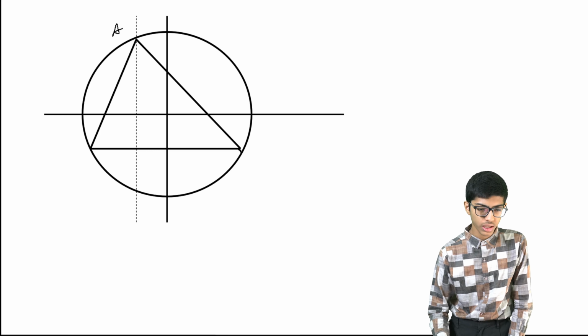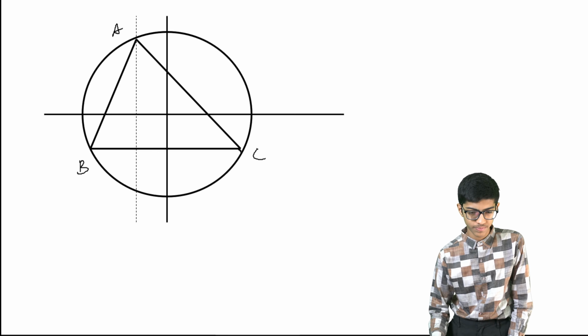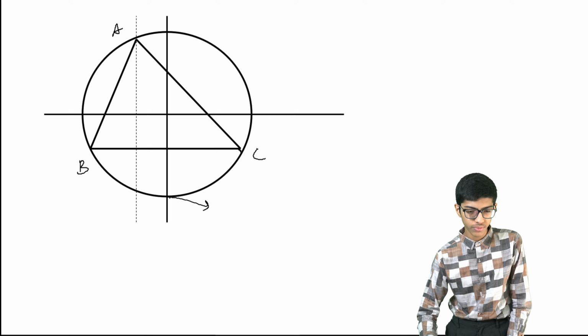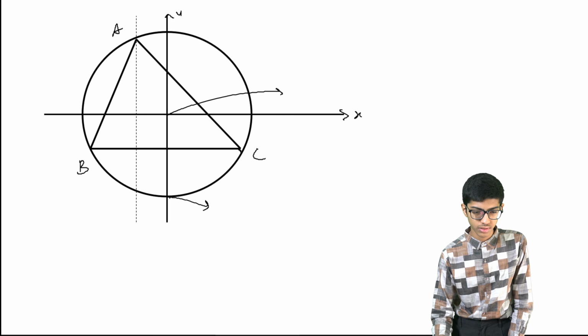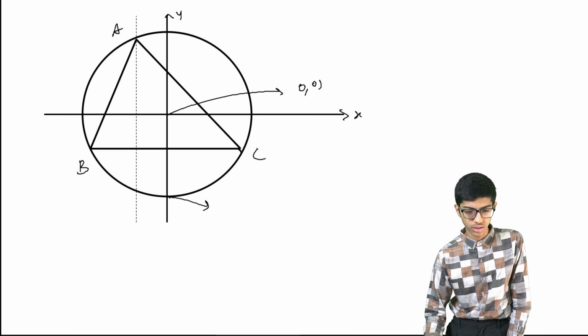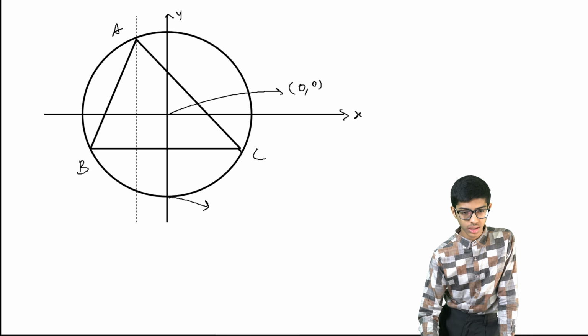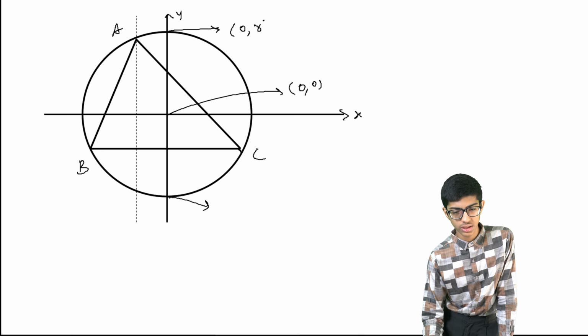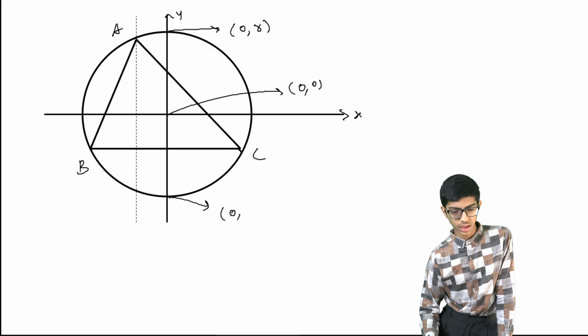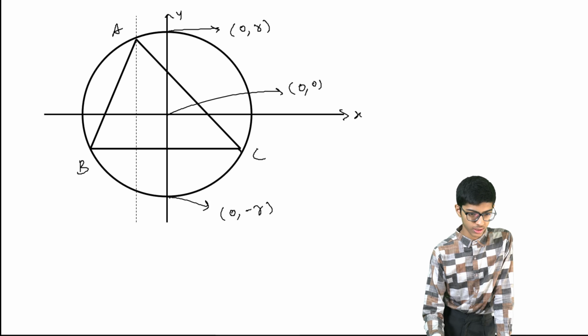So here we have a triangle ABC, and these are the x and y axis, and this is the coordinate (0, 0). For radius r, we have this coordinate as (0, r) and this as (0, -r).